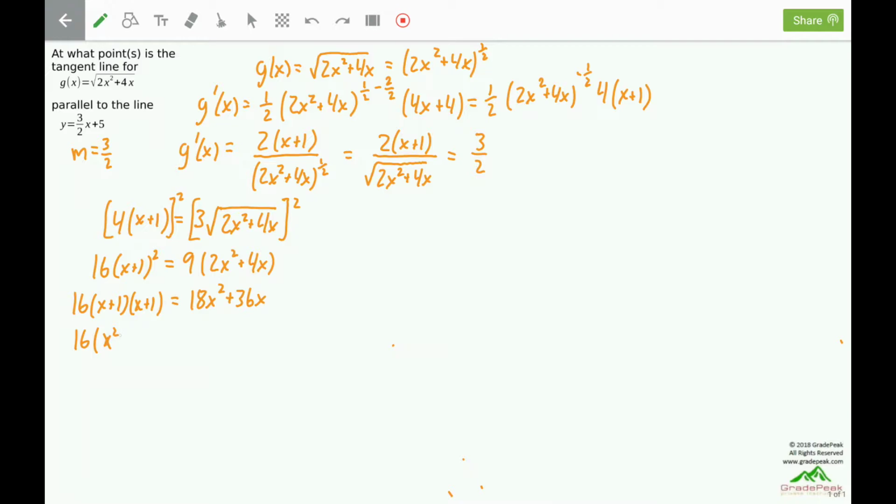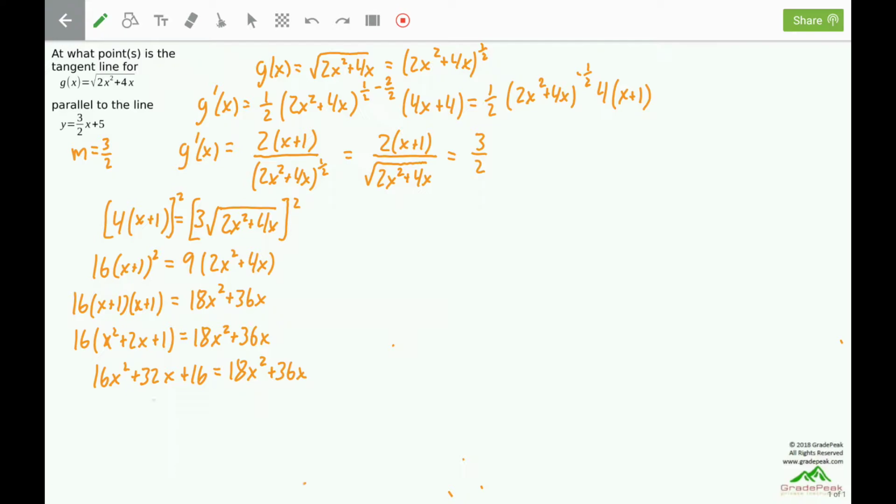Outside 1x, inside 1x, we'll just combine those and say 2x, and then last 1 times 1 is going to be a 1. Let's now distribute the 16 in. So 16x squared plus 32x plus 16 equals 18x squared plus 36x.